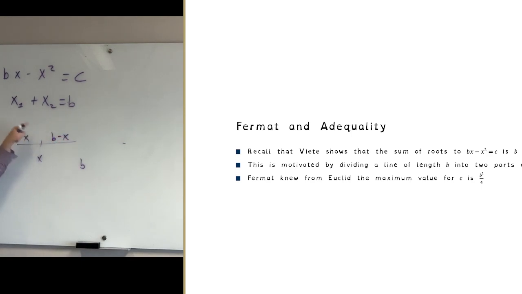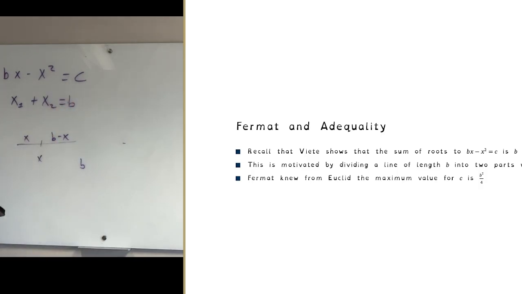The product is b minus x times x, which is equal to that. And so the question is, what does x need to be in order for their product to be equal to c? And a related question is, for all of the different values of x, what is the biggest one? What's going to give me c here?